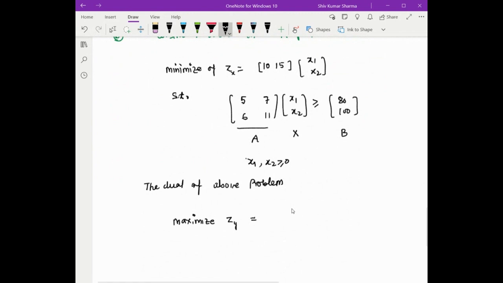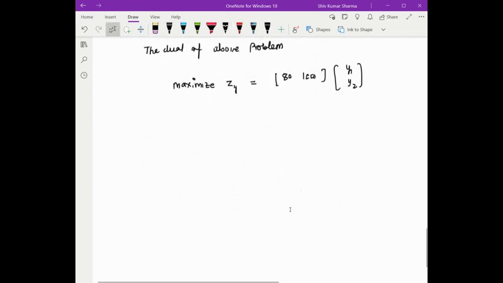So b is 80, 100. We take its transpose, so that is 80 and 100, and write Y1 and Y2.